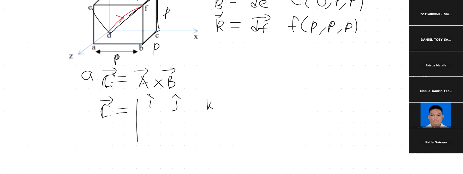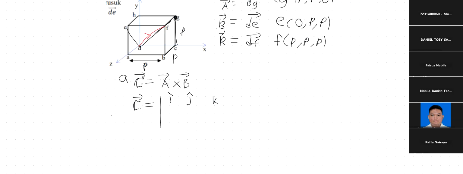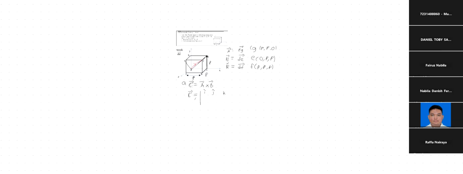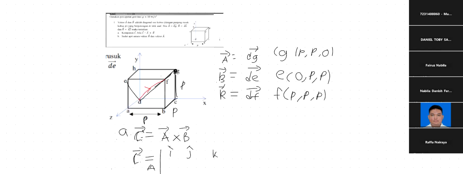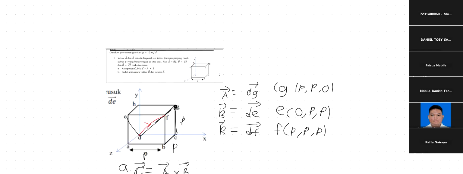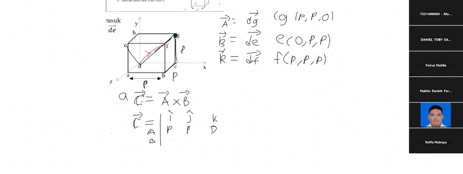So now the top is going to be A, and then B. So this is P, P, 0, and 0, 0, 0.